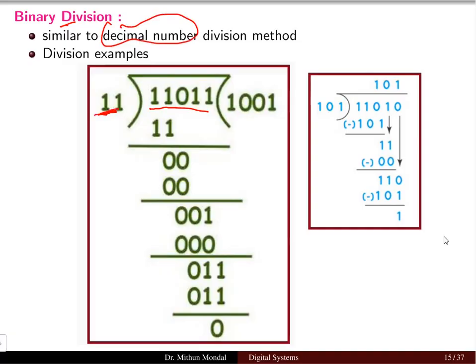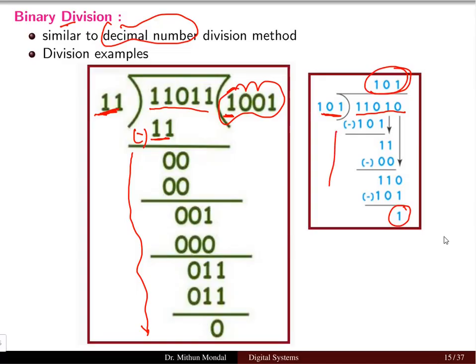The first quotient digit will be 1, and then we do the subtraction with the binary number system. A similar process goes on, and hence the answer for the division is the quotient 1001. Similarly, if we divide 11010 by 101, we get this quotient and the final remainder is 1, with the appropriate subtraction rule and division.